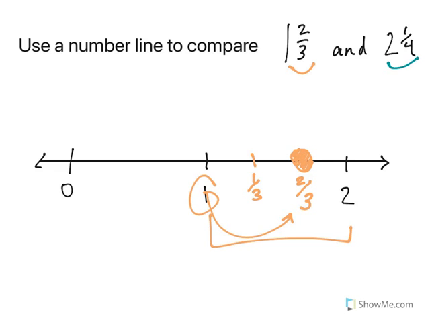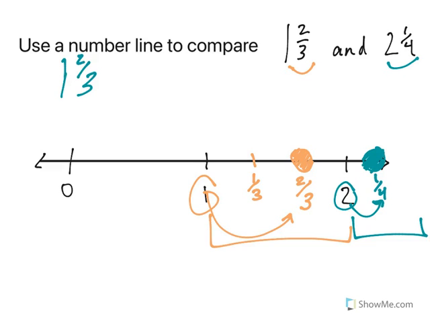Now, 2 1/4 means it's between 2 and 3, and it's a quarter of the way. So this would be the 2 1/4. So you can easily see by the number line that 1 2/3 is less than 2 1/4.